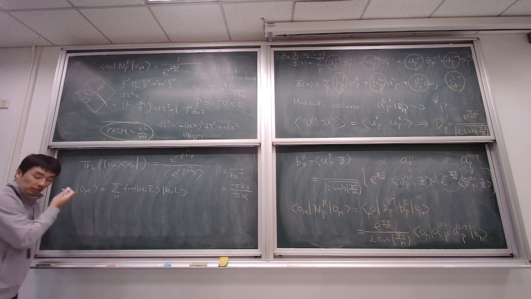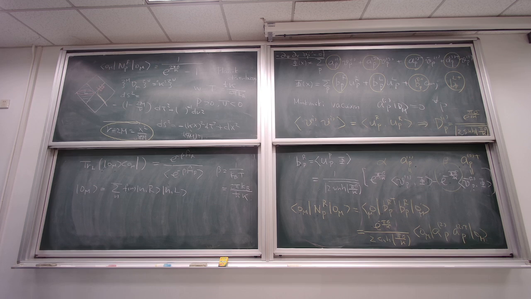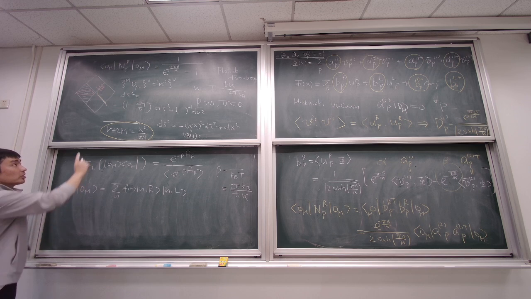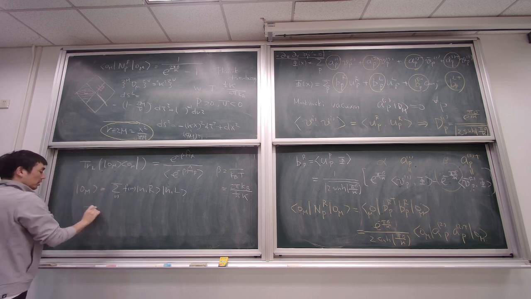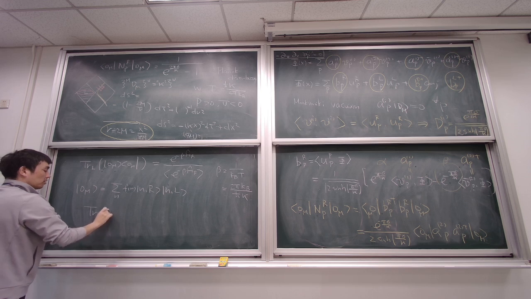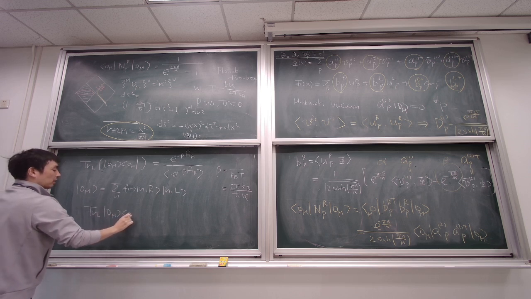So there's a coherent state we can just write down. Therefore, you can consider the density matrix of the vacuum.